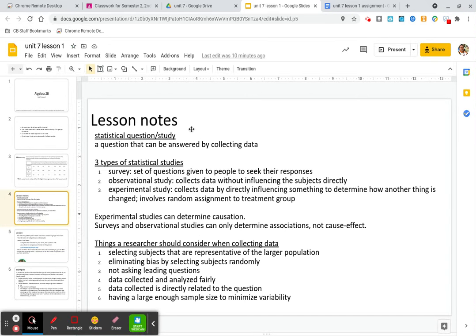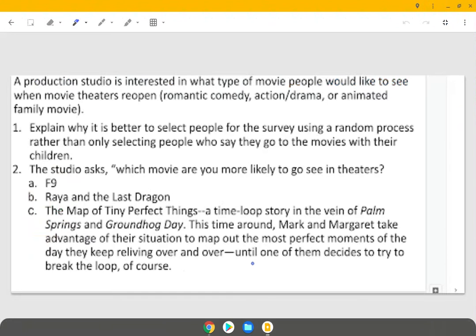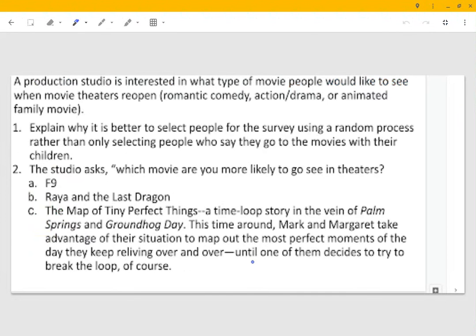Let's go ahead and take a look at the examples here. So here are our examples. A production studio is interested in what type of movie people would like to see when movie theaters reopen. A romantic comedy, an action/drama, or an animated family movie.